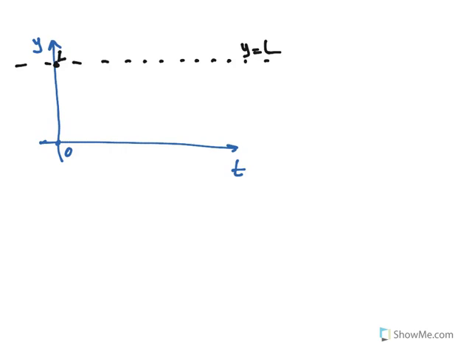And your logistic graph looks just like this. So if you noticed, as t approaches infinity, your function y approaches this particular limit, which equals L, which we call carrying capacity.